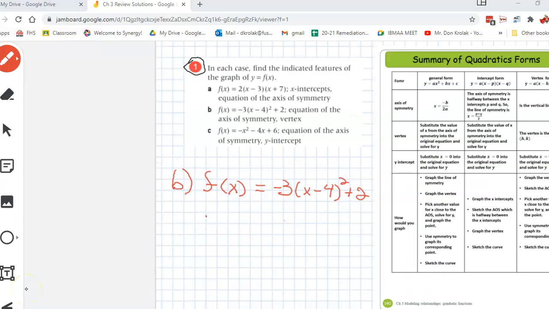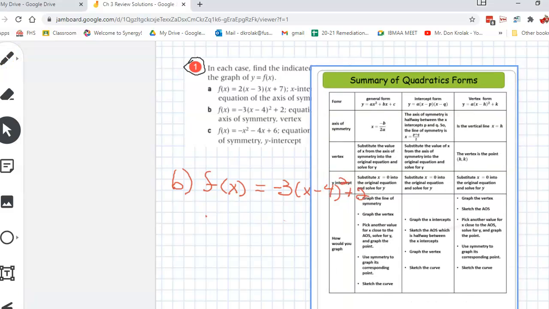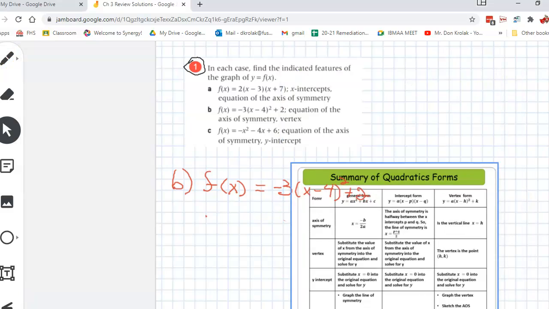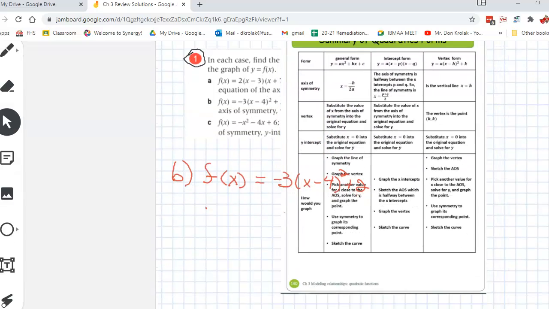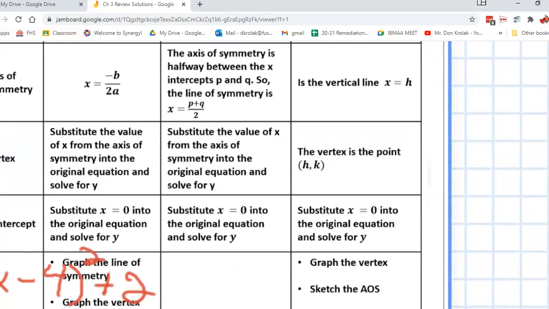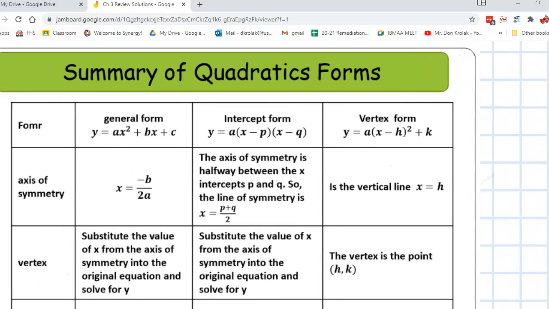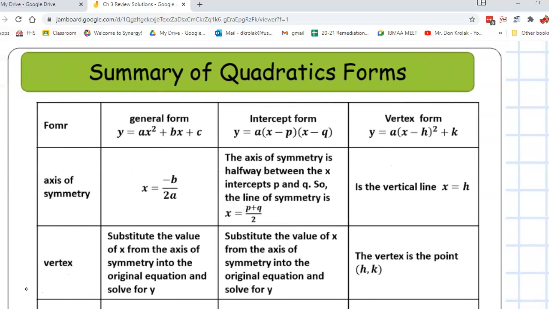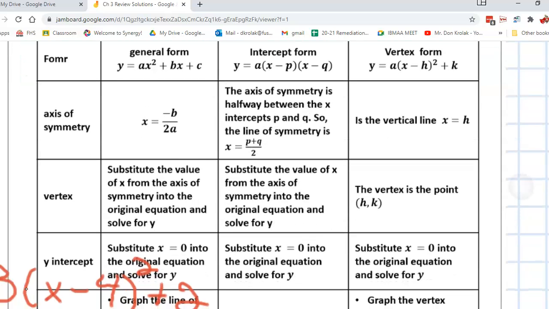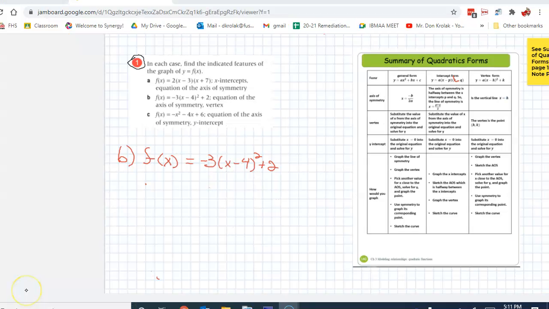All right, question B says f of x is in vertex form here, and it asks what's the equation of the axis of symmetry and what's the vertex? When we're looking at vertex form, the axis of symmetry is going to be the vertical line x equals h. And then the vertex is simply (h, k).